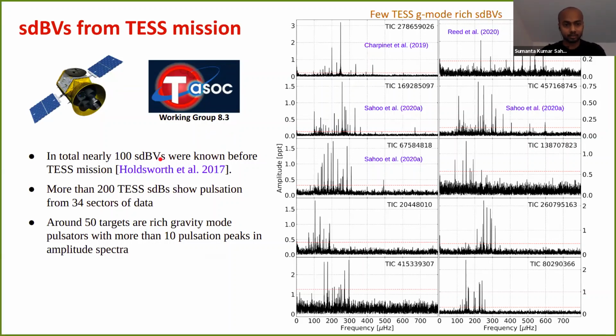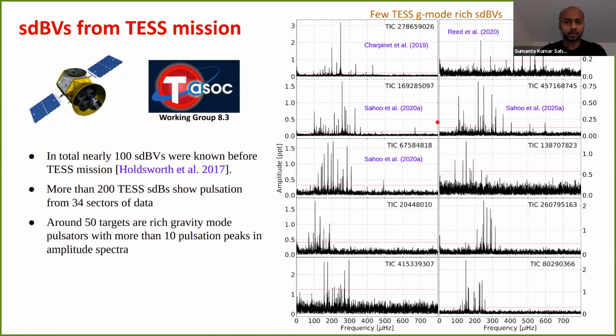So coming to the HDBVs, only hundreds of HDBVs were known before the TESS mission, but within the 2 years of TESS mission data, we have more than 200 pulsating HDBs, out of which more than 50 are rich in gravity modes. I have shown a few gravity mode rich short cadence data on the right, out of which a few are already published.